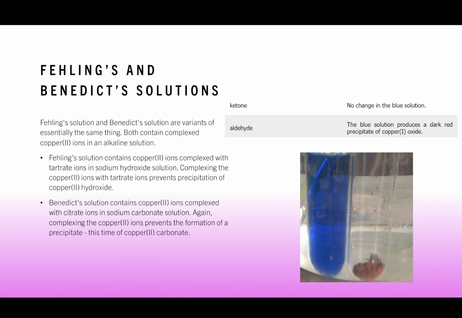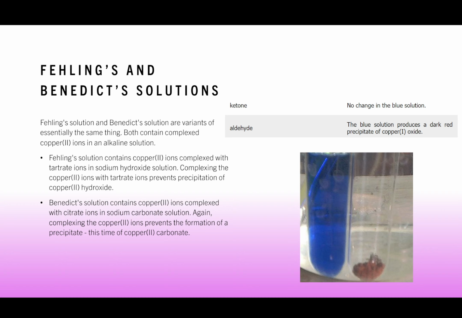The tartrate acts as an anti-precipitation agent. It helps the solution remain homogeneous and prevents the precipitation of copper(II) hydroxide in Fehling's solution. And the citrate helps prevent the formation of copper(II) carbonate. Not going into all of that solution chemistry yet. But generally, ketones will give no reaction, no change.